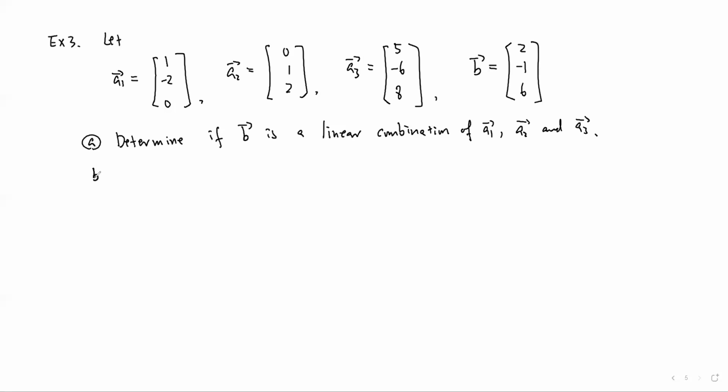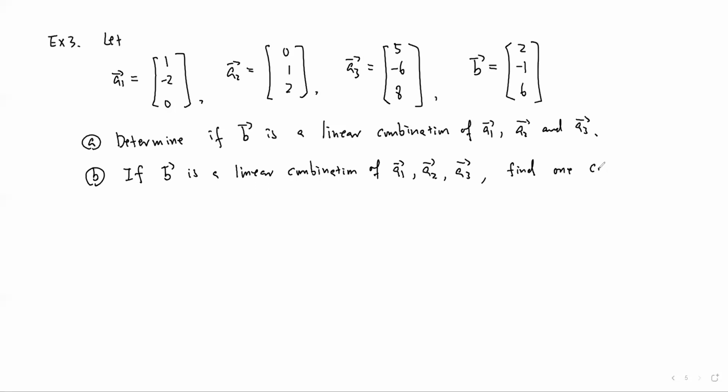The second question: if b is a linear combination of a1, a2, and a3, find one combination.